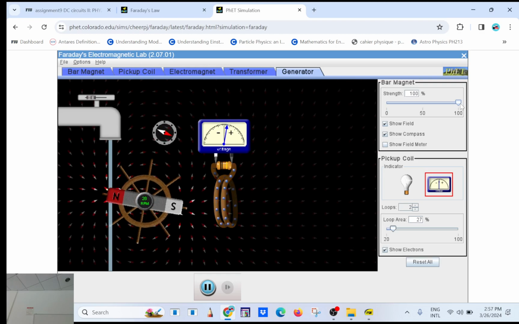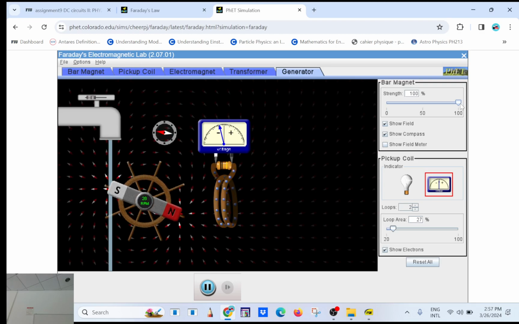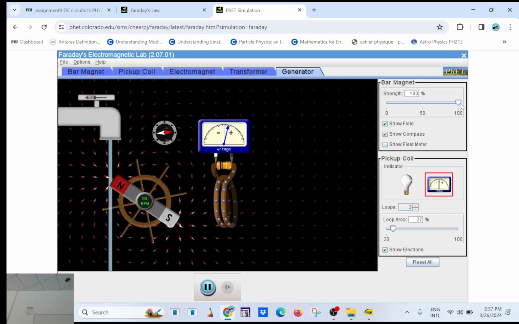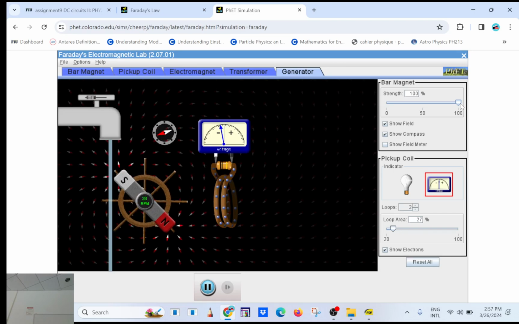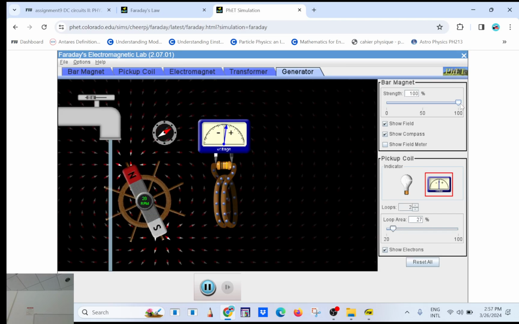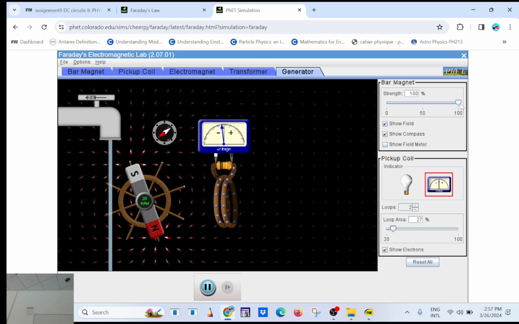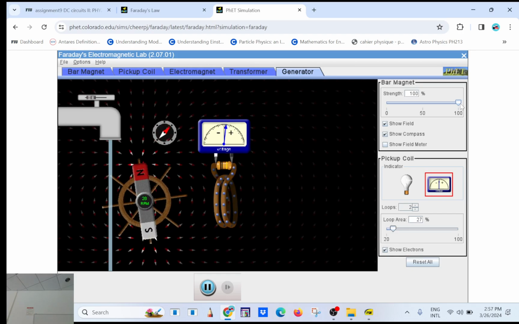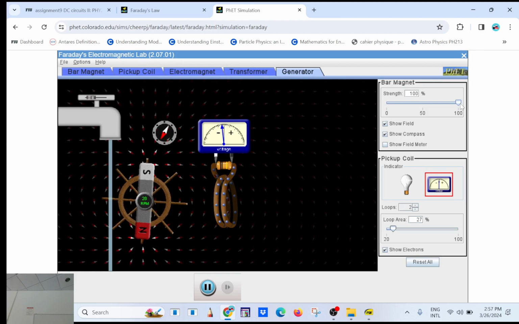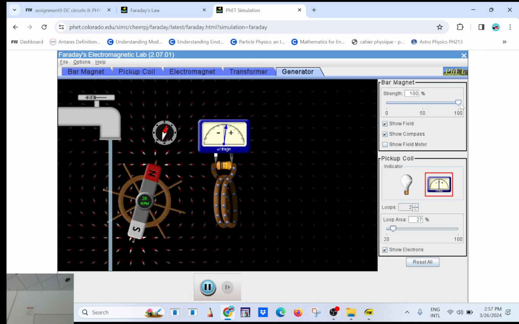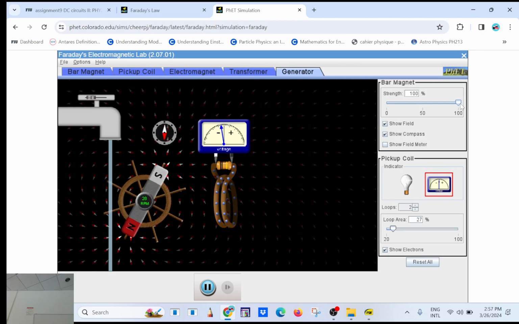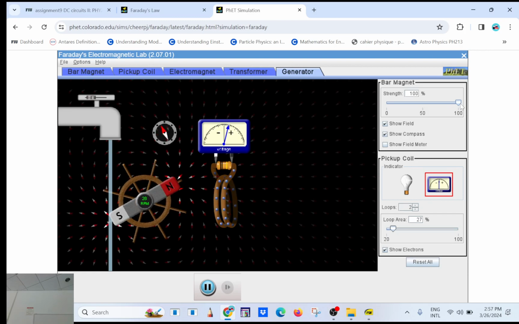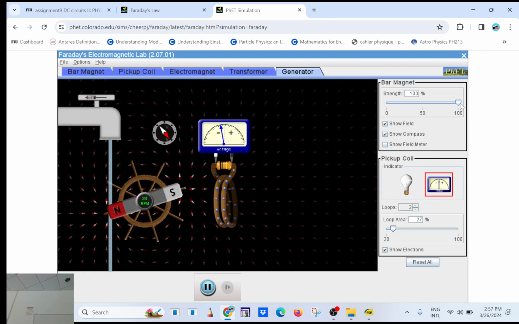So now I am measuring the current. I don't know if you can see, is there any current here? No, there is no current, right? If you spin, do you see? A few milliamps. One milliamp.